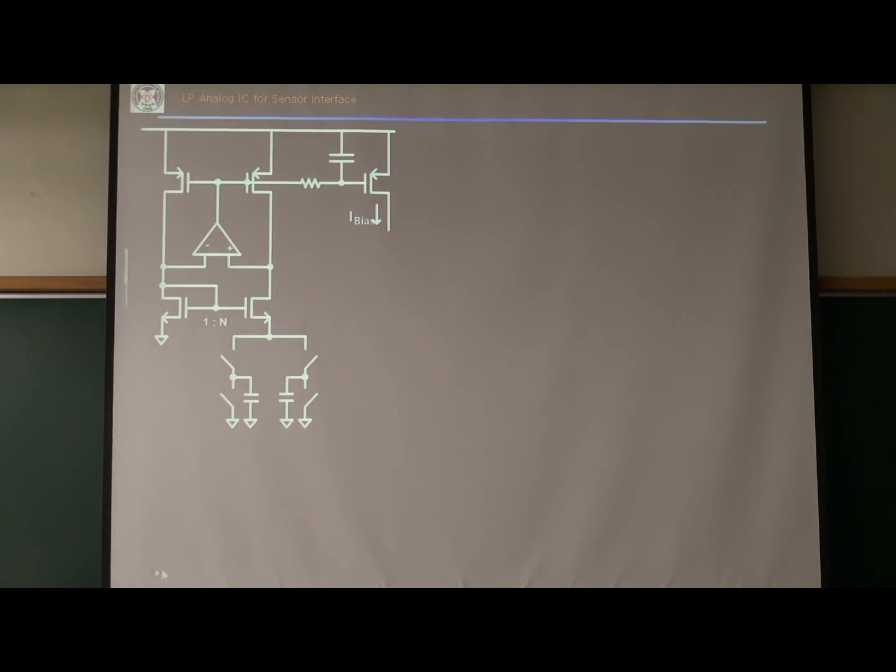If this circuit works in weak inversion, mostly inverters will be operated in weak inversion. VDD prime will be determined as something like threshold voltage of NMOS plus threshold voltage of PMOS plus 200 millivolt.